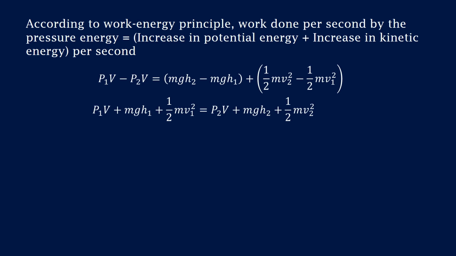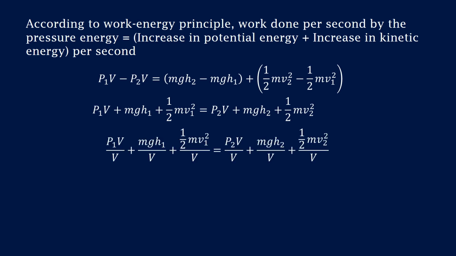Now on rearranging the terms and dividing the equation by V, we get P1 V upon V plus mgh1 upon V plus half of mv1 square divided by V equal to P2 V upon V plus mgh2 upon V plus half of mv2 square upon V. Simplifying it further, we get P1 plus rho gh1 plus half of rho v1 square equals P2 plus rho gh2 plus half of rho v2 square.